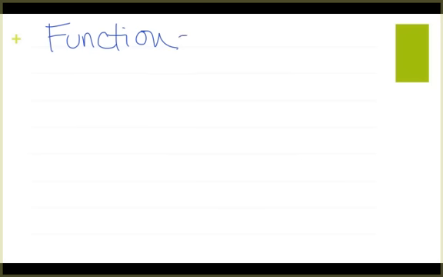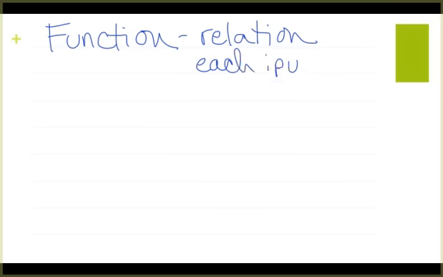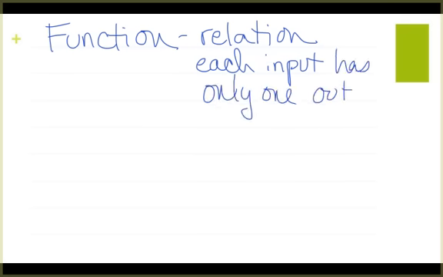And it looks like I drew you a whole bunch of functions. A function is a type of relation. It's a relation that each input has only one output.